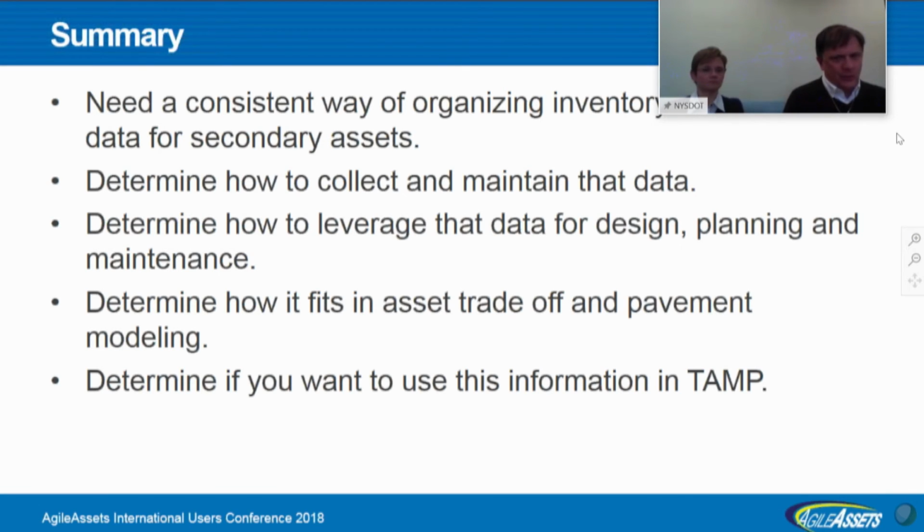And lastly, those of you who are slogging through a transportation asset management plan effort, you know that Federal Highway is encouraging states to go beyond the requirements of bridges and pavements, and encouraging folks to also include plans for their secondary assets to determine the inventory and the value, to explain how you treat these, to be able to set targets for them, and so on. What we're doing here will support that effort.